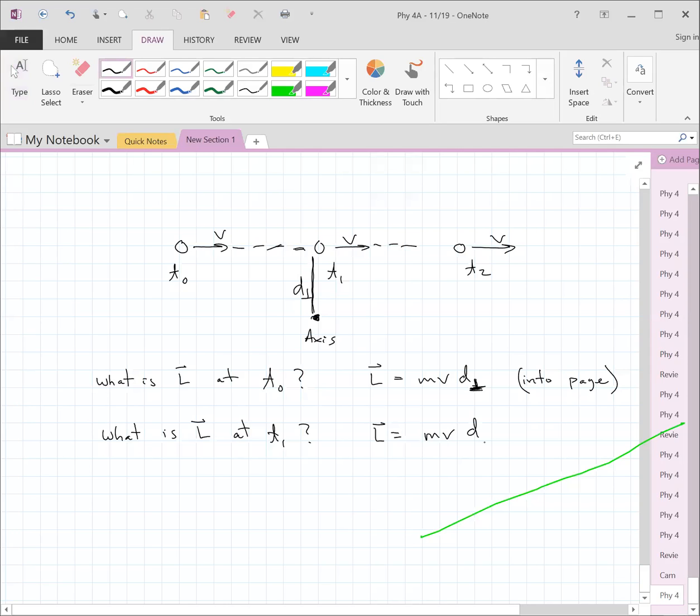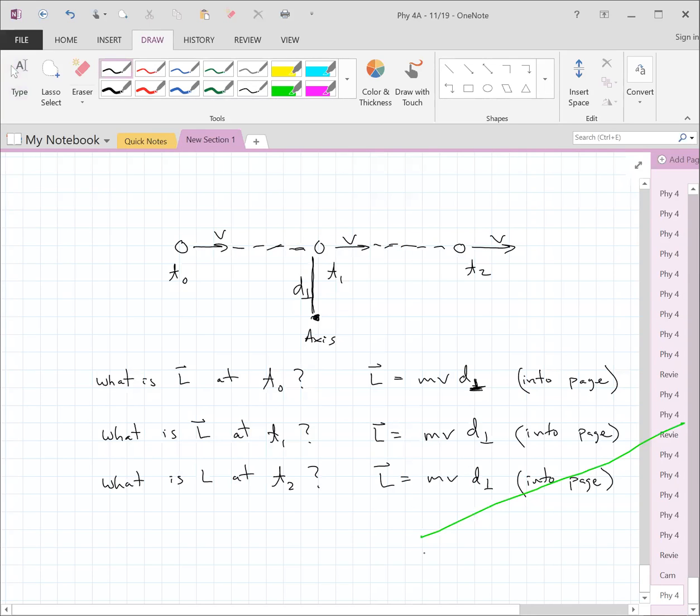It's the same thing here. What about time t2? You extend the line of the momentum, you find the perpendicular distance. It's the exact same in this case, right? And what direction? Into the page. Into the page, exactly the same.